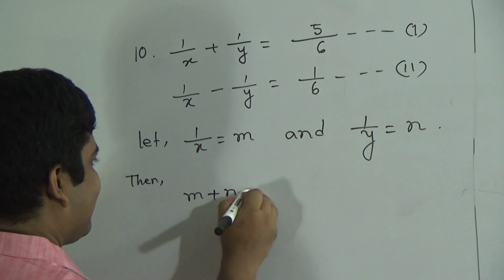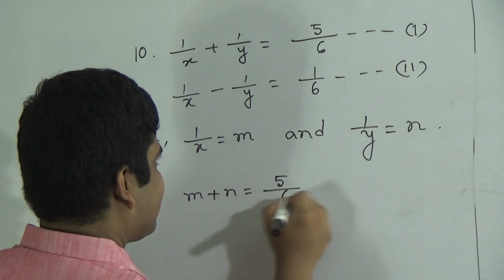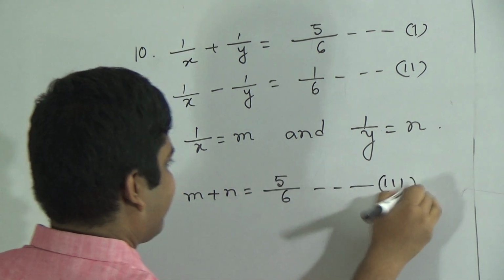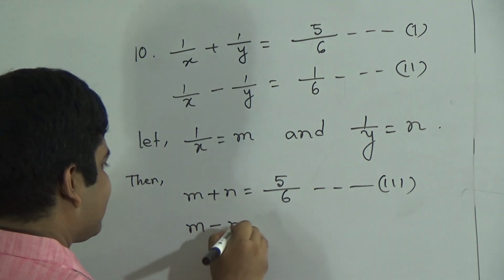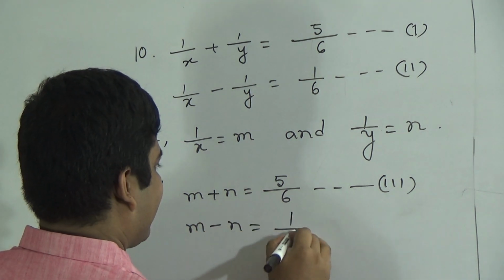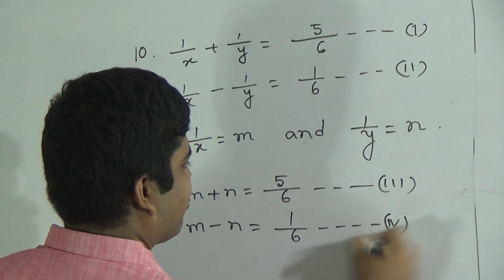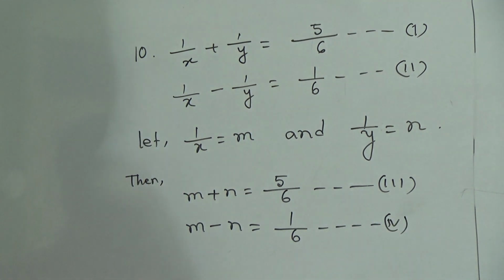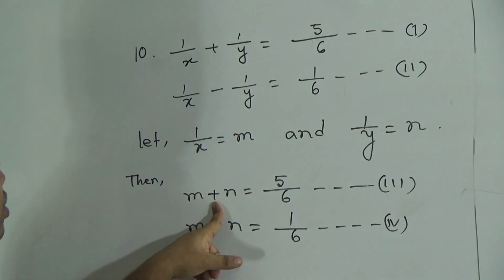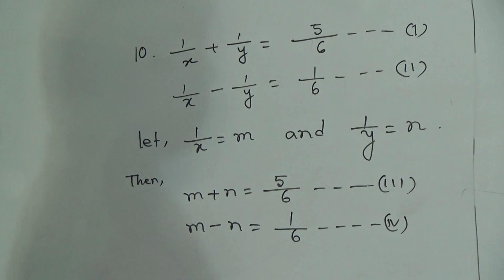So write: m plus n equal to 5 by 6, equation number 3, and m minus n equal to 1 by 6, equation number 4. Now my dear student, we convert one equation into one variable in terms of the other variable.